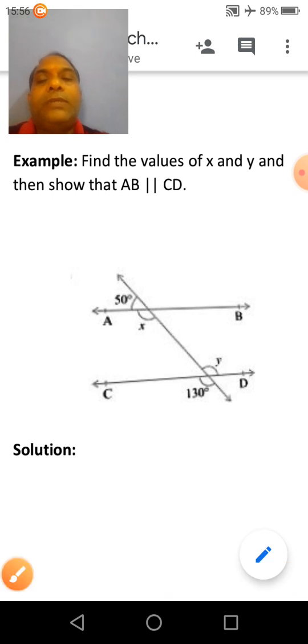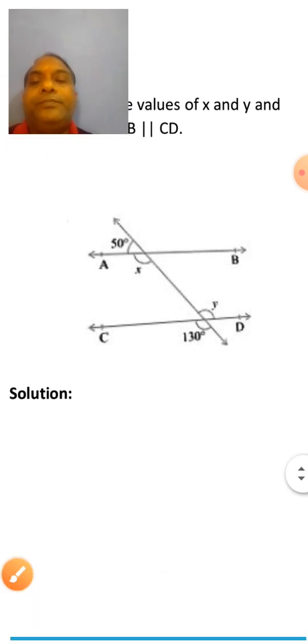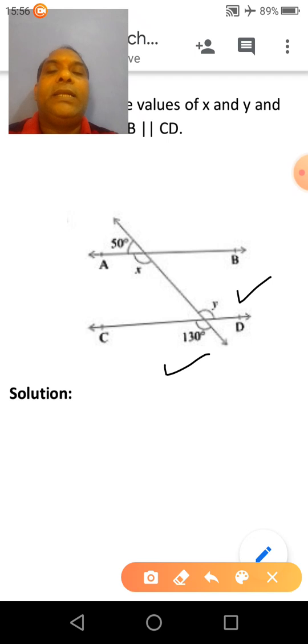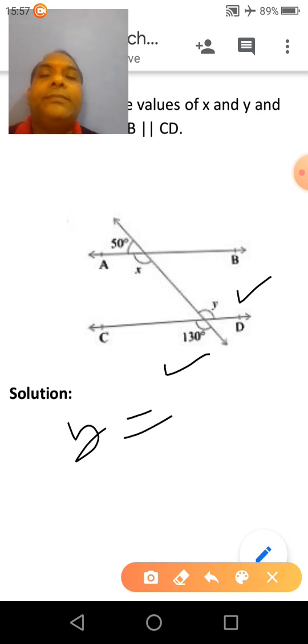Now see here, angle Y will be equal to 130 degrees, vertically opposite angle. Clear? So Y will be equal to 130 degrees. Clear?